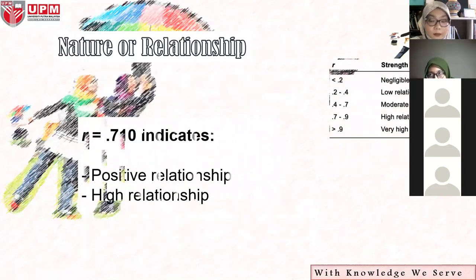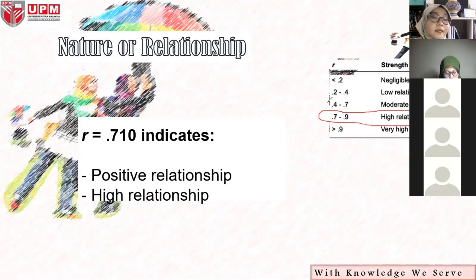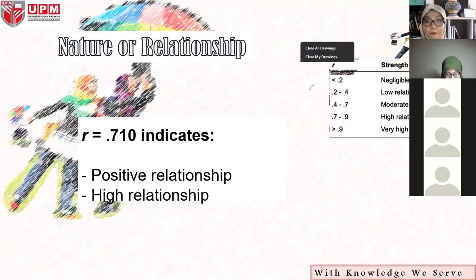Then we elaborate further by describing the nature of the relationship based on the Spearman rank order correlation coefficient value, which is Rs equals 0.710, indicating a positive relationship. By referring to the Guilford rule of thumb, 0.710 falls within the fourth range, which means a high relationship exists between level of education and salary.